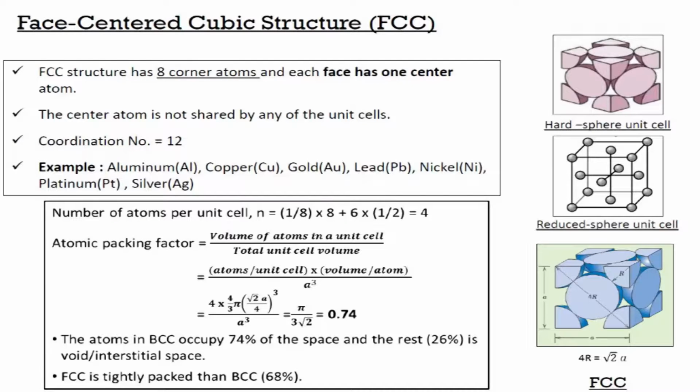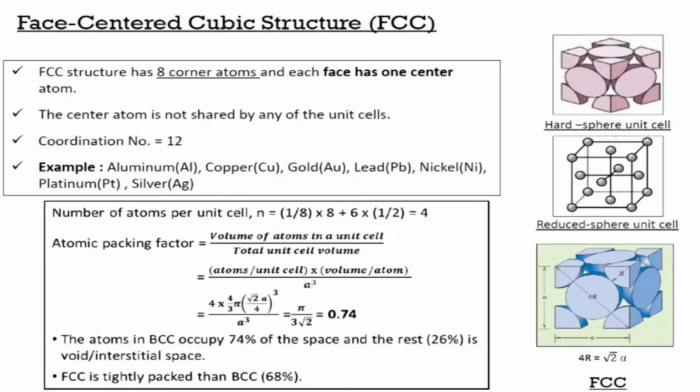So, that is actually 6 into half. If you consider all of them together, you will get the number of atoms per unit cell to be 4. And then if you again calculate the whole thing, you will find out the ratio to be 0.74. That means 74% of the space is occupied and the rest 26% is void or interstitial space.